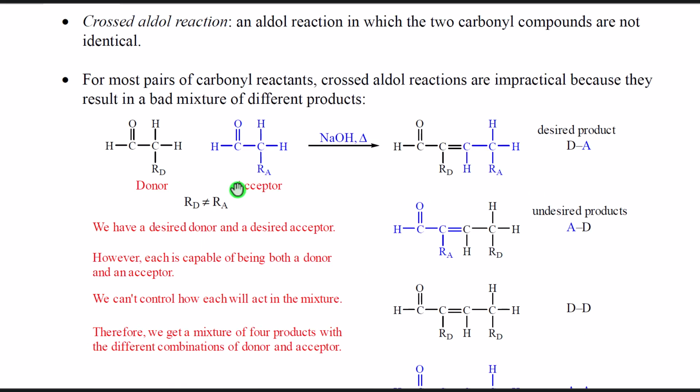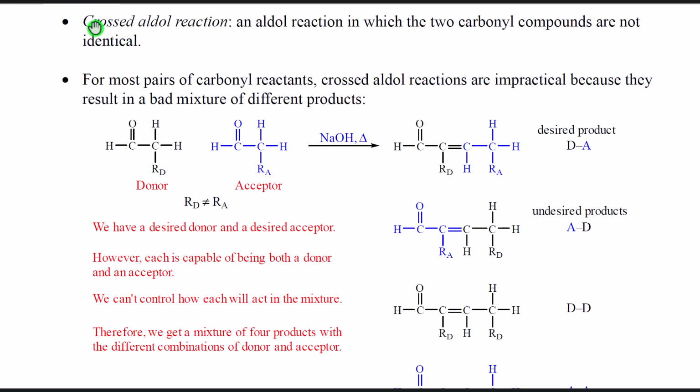The aldol reactions that we've discussed up until now have two identical reactants. While very useful, that does limit the products that we can form. It would be much more versatile if we could use two different molecules, one as a donor, one as an acceptor.